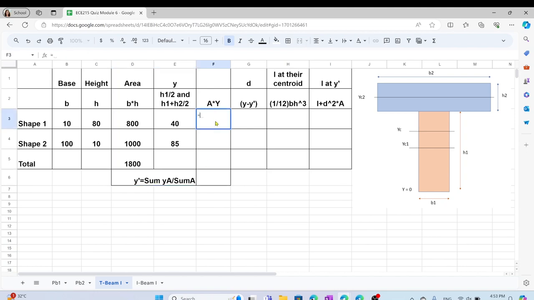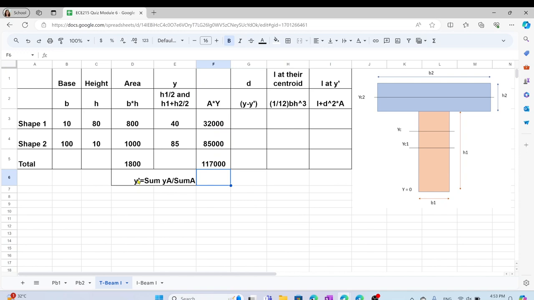So we will do A, the area, times the centroid, enter. I will drag them just to make sure I don't make a mistake. And yes, we want the sum of those two. So equal sum of this one, comma, this one, enter.